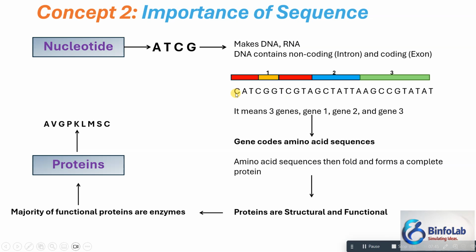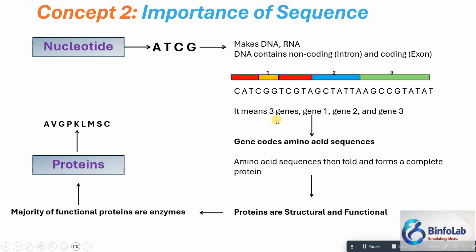But the sequence is present uniformly, starting from here and coming up to TAT here. This is an arbitrary sequence I used. Okay, so these non-coding parts will not code for some product.